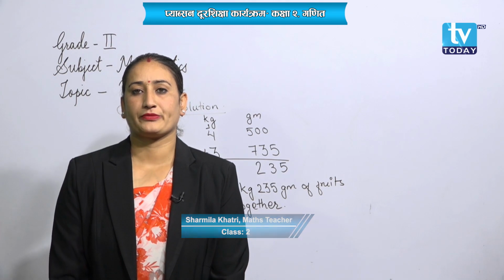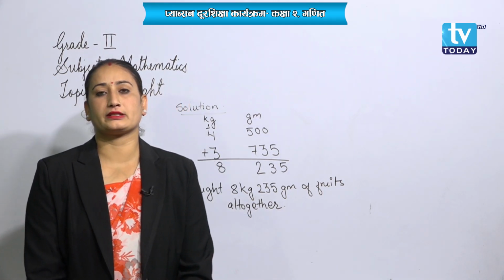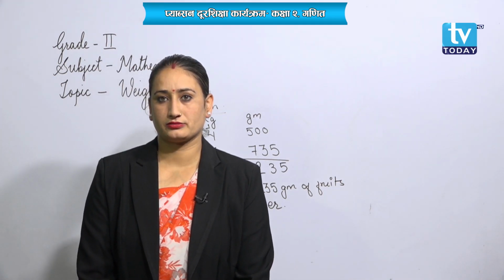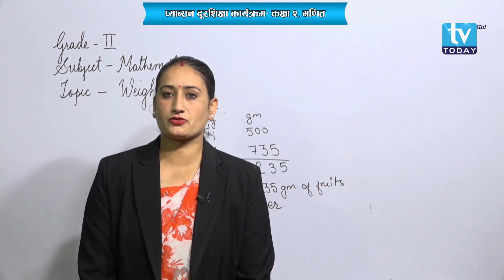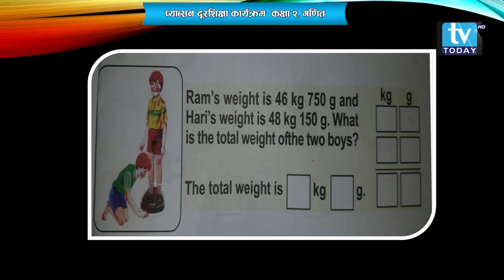Okay students, let's have a look at the next question. What is the next question given over there? Okay, Ram's weight is 46 kg 750 gram and Hari's weight is 48 kg 150 gram. What is the total weight of the two boys? Once again, read the question properly.